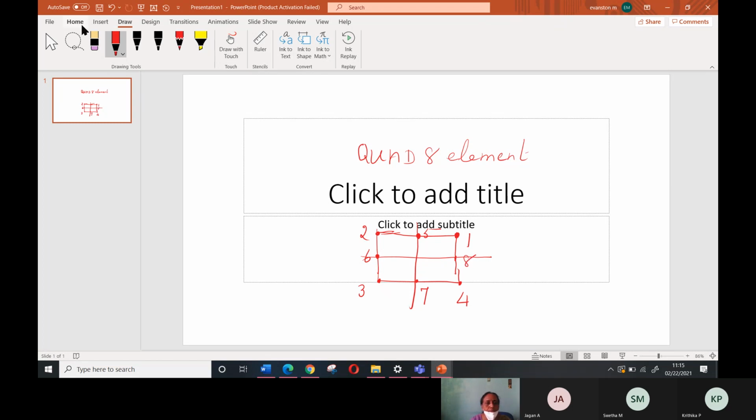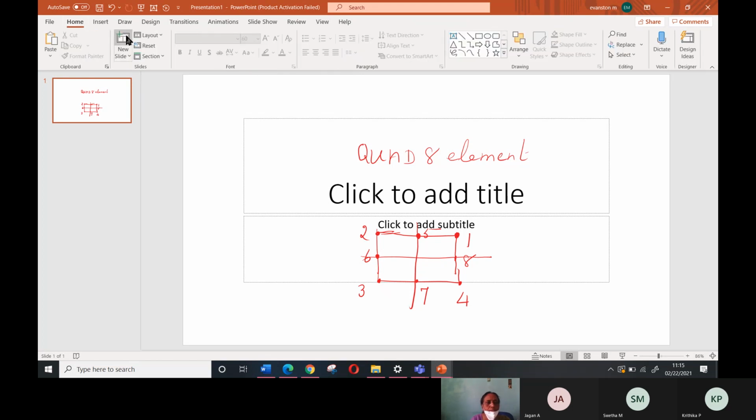So I think I can draw better in the other one, bigger.